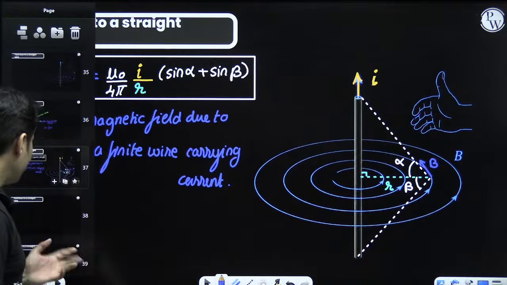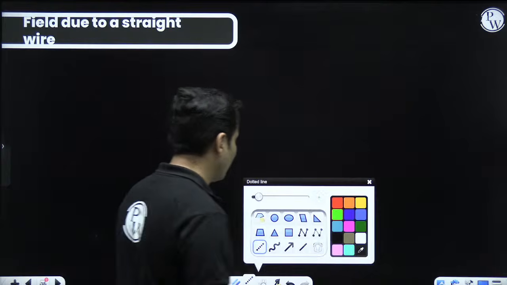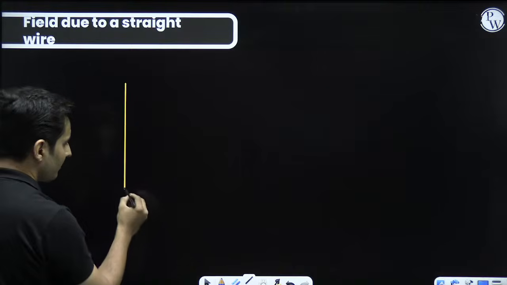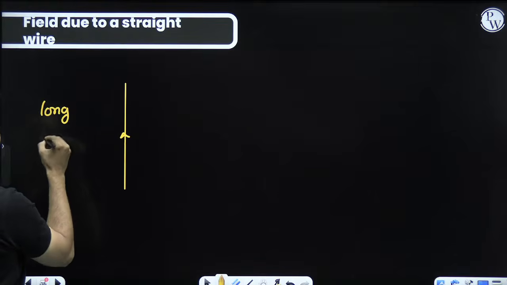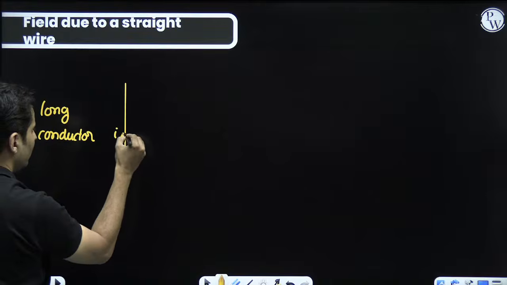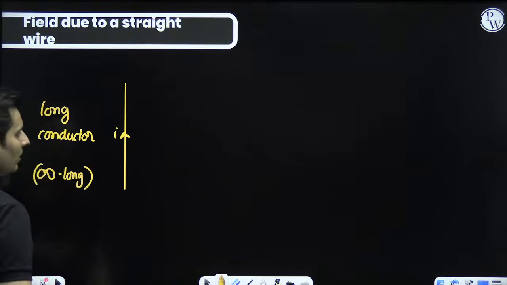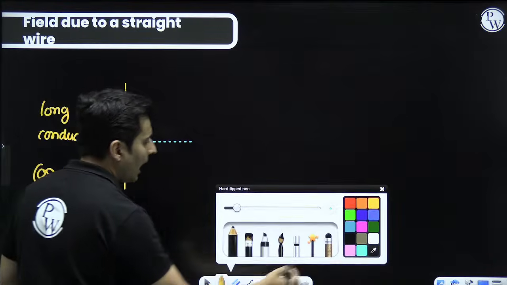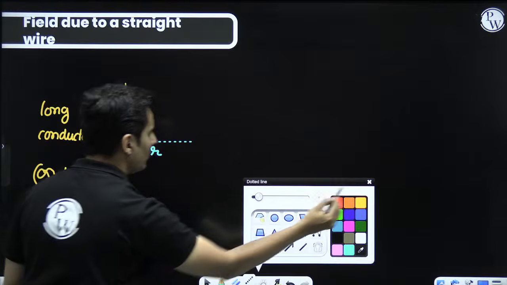Now let us take some special cases of that, because that is what makes this very interesting. So let's say we have a very long wire. This is a very long conductor carrying some current. That means it is infinitely long. Long means very, very long. You are again standing over here at some distance like this. So what will the end points look like?